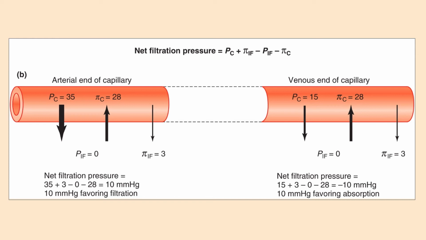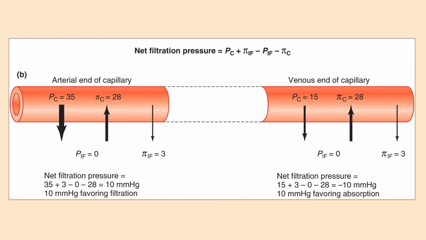P sub C, the hydrostatic pressure that blood exerts against the wall, is now 15 millimeters of mercury. This blood has lost a lot of fluid, so the pressure goes down. We went from 35 millimeters of mercury on the arterial end to 15 on the venule end.